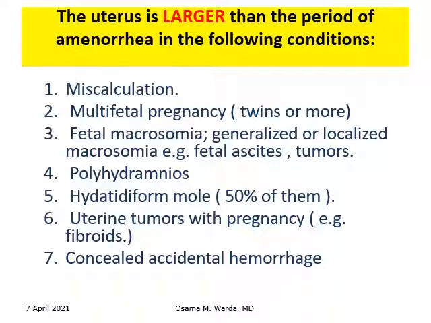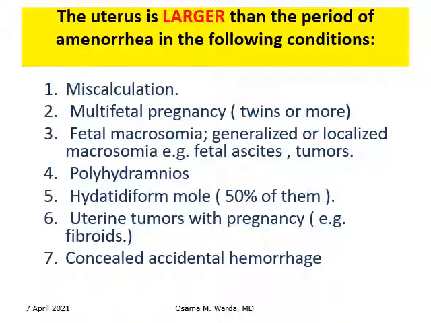These underlying causes or differential diagnosis include miscalculation, multifetal gestation, fetal macrosomia, whether generalized or localized, such as the fetus of a diabetic mother, a fetus of a grand multipara, a fetus with a large-sized mother, or other local fetal macrosomias such as fetal ascites, hydrocephalus, fetal abdominal or pack tumors, and so on.